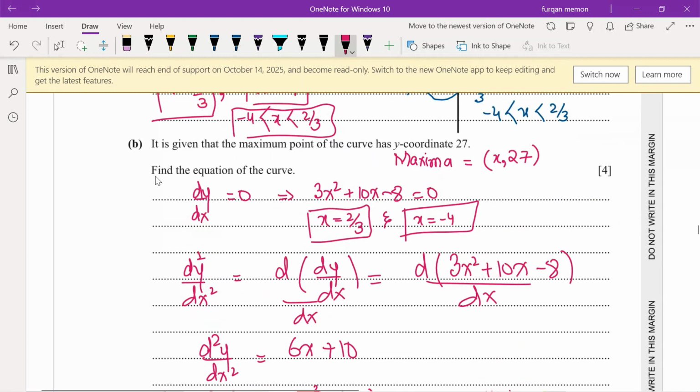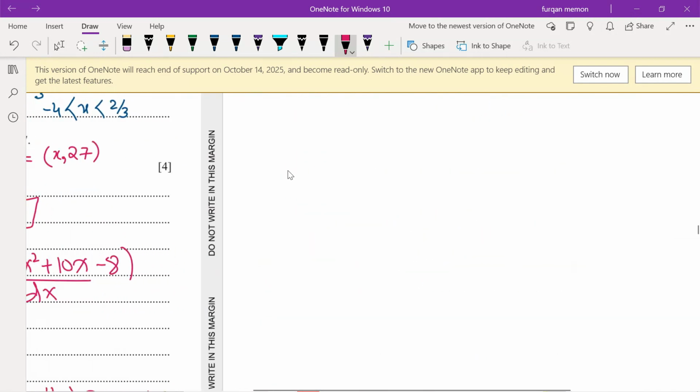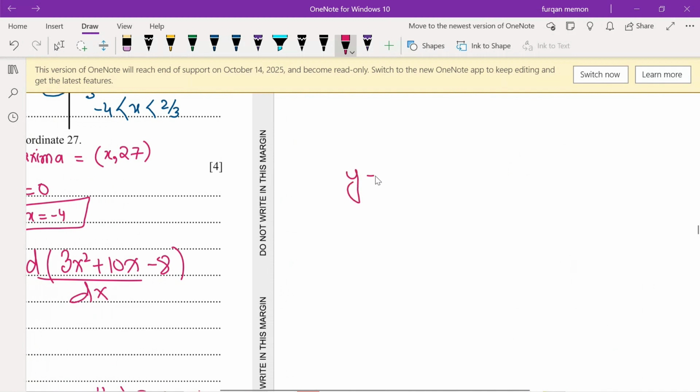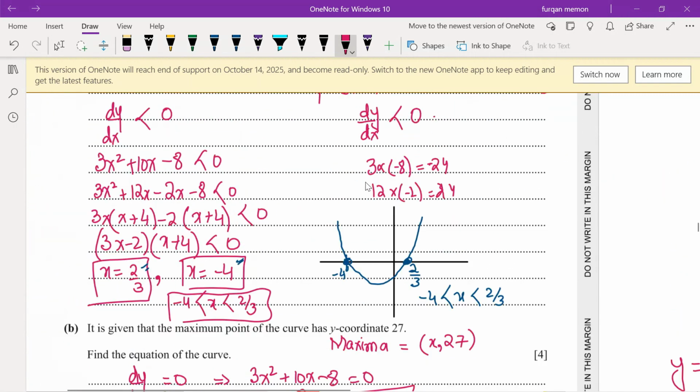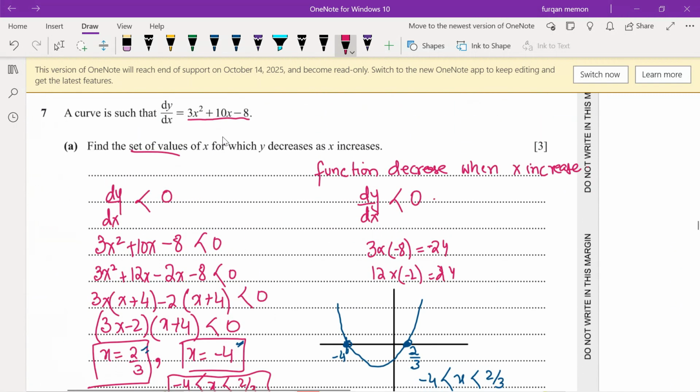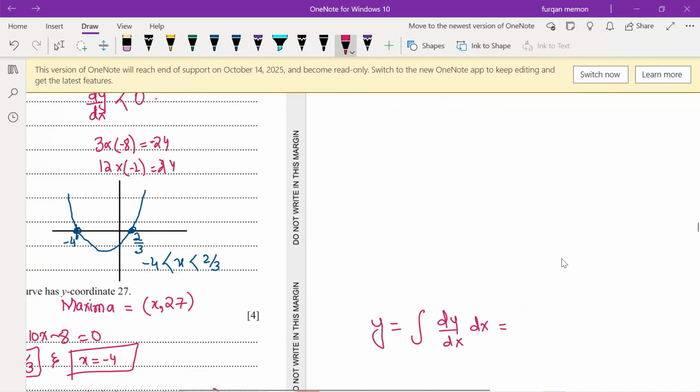Now we need to find the equation of the curve. The equation of the curve is the integration of dy over dx with respect to x. The gradient of the curve is given, which is 3x square plus 10x minus 8.